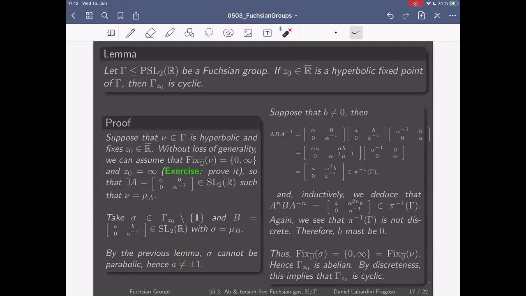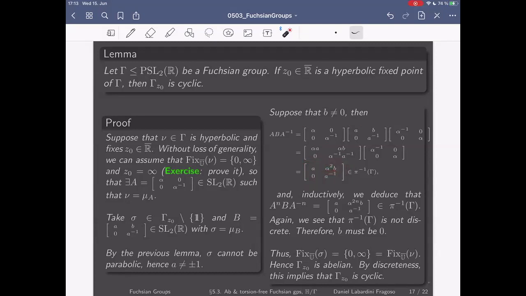But now if we try to see what happens when B is not equal to 0, then we can do a similar computation as before. We conjugate this matrix by alpha, 0, 0, alpha inverse, and get again an element that looks like this.